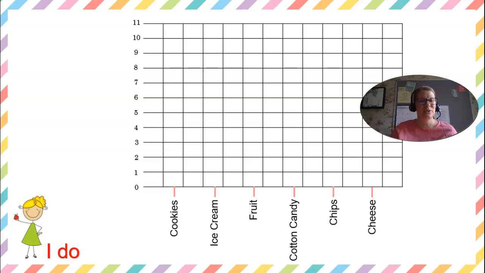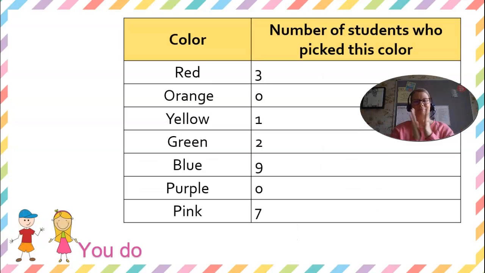And the next question was, what is your favorite color? So let me show you what our data was. I just picked the colors of the rainbow: red, orange, yellow, green, blue, purple, or pink. And this was the data that you chose. 3 said red, 0 said orange, 1 said yellow, 2 picked green, 9 picked blue, 0 picked purple, and 7 picked pink.